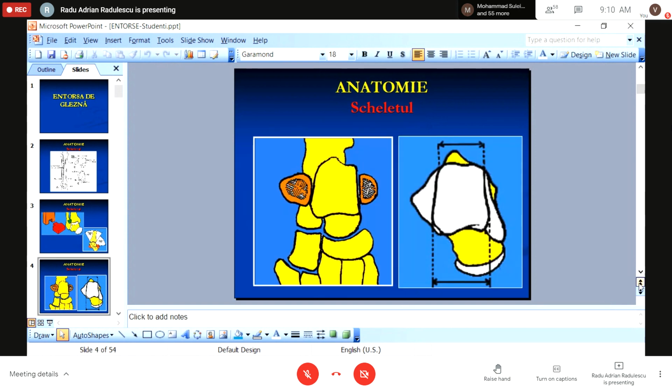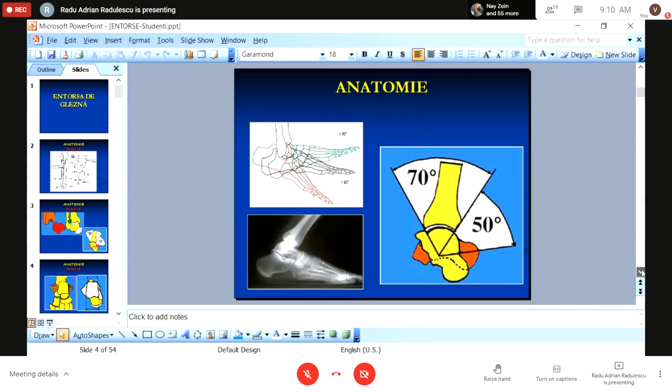Okay, here is again what I told you before. So the size of the trochlea is different on the anterior part and at the posterior part.